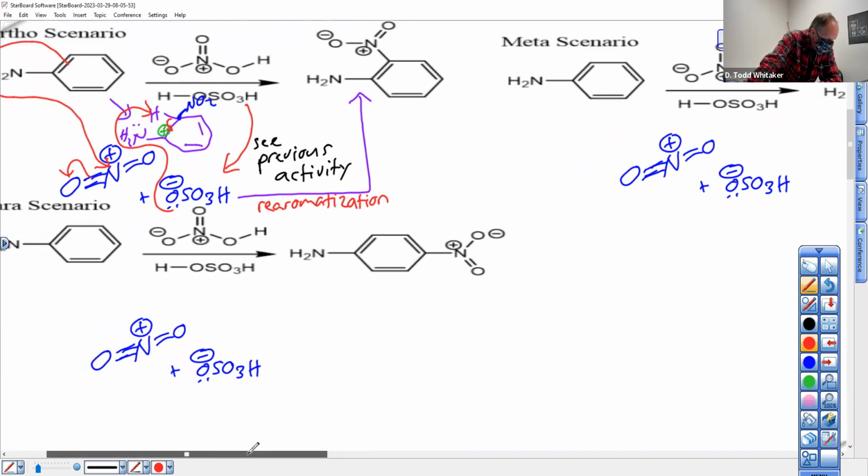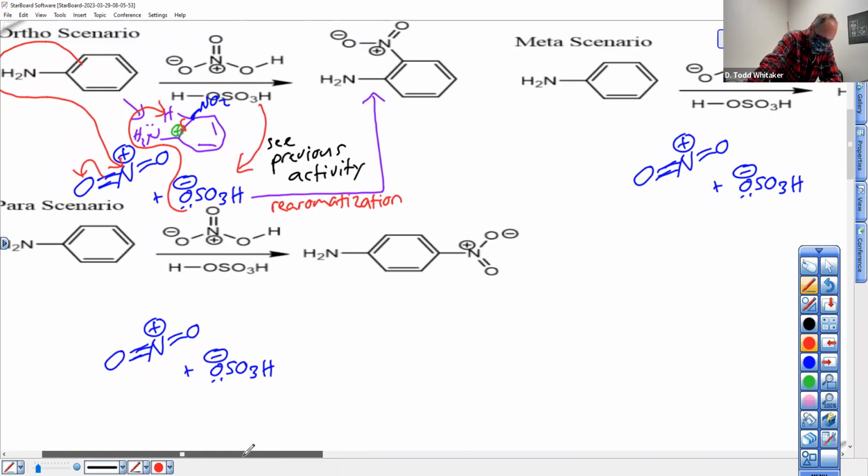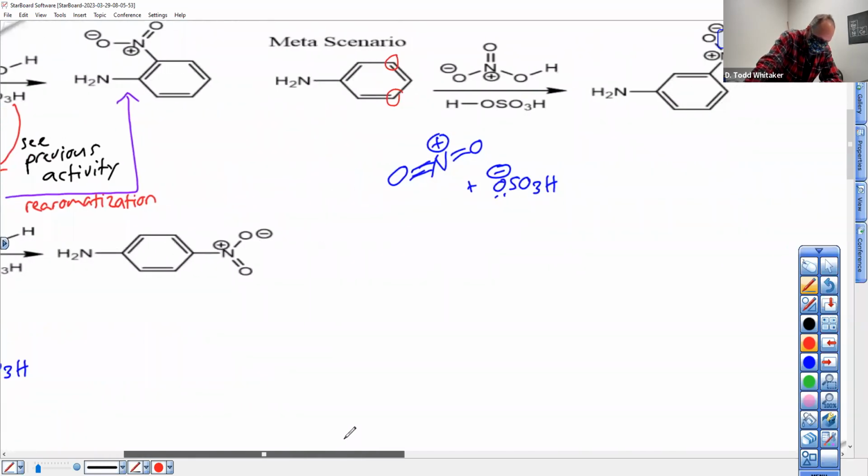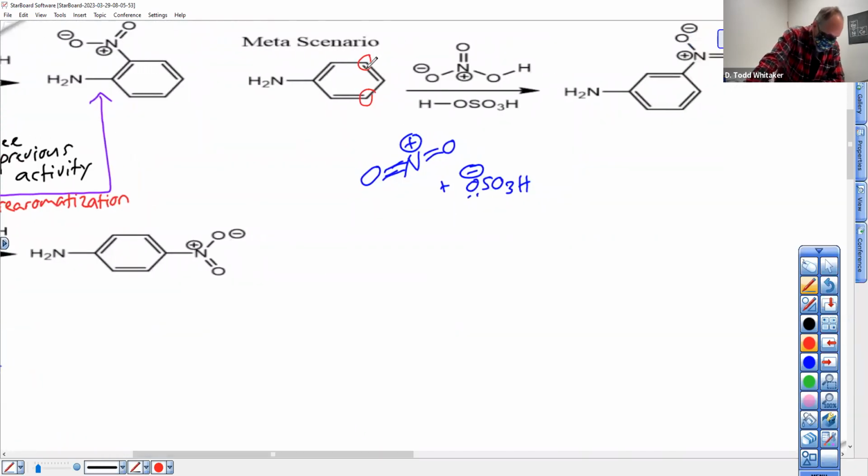So we're going to talk about the meta scenario. There's two pi bonds in the molecule that touch the meta position. This is meta here. This is meta here. Which one did I pick for my product? The top one. They're both meta. So pi attacks. Sigma, pi becomes lone pair.